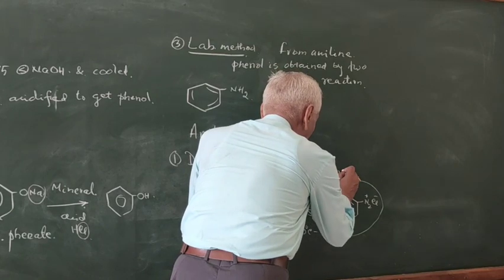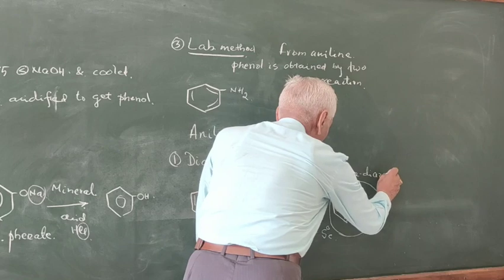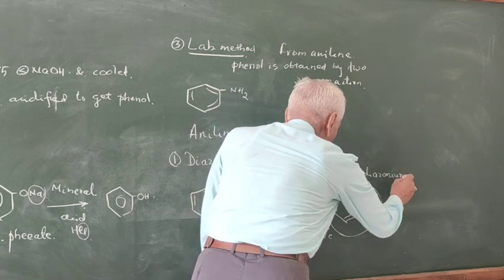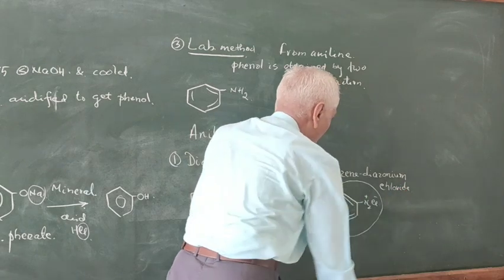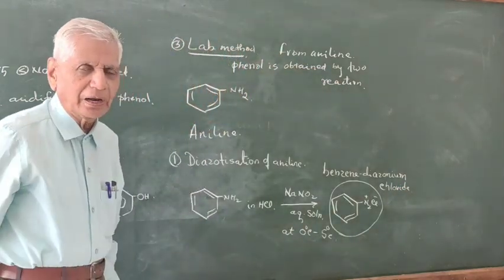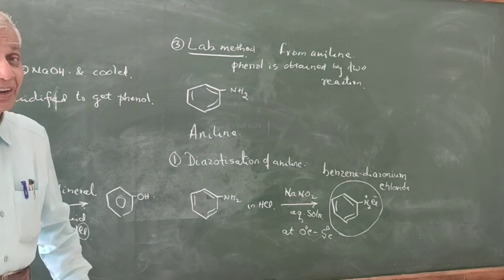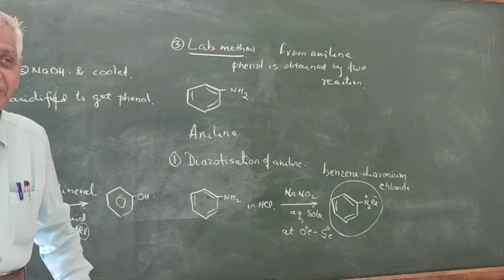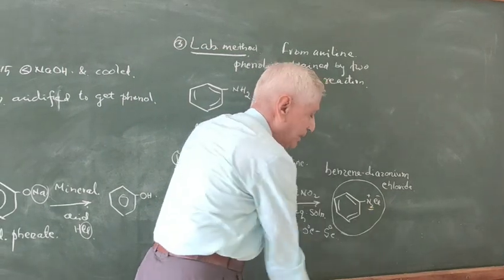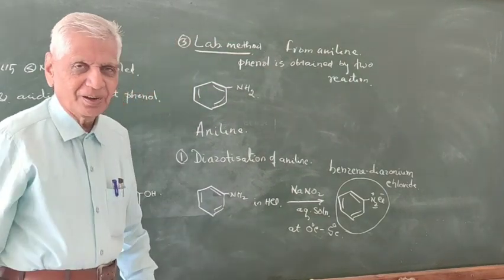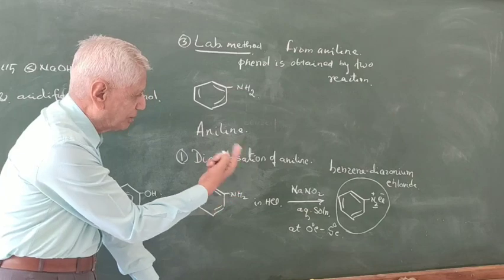Benzene diazonium chloride. Very unstable means highly reactive. So this diazo group can be very easily removed.